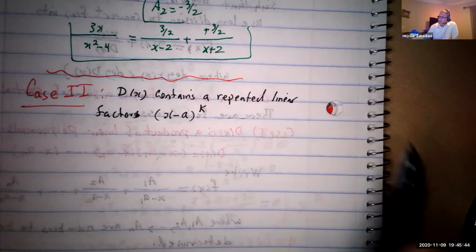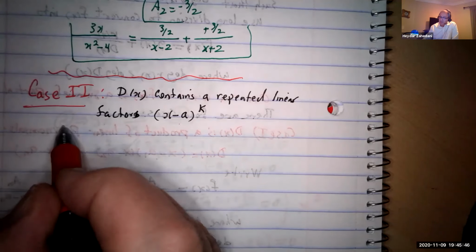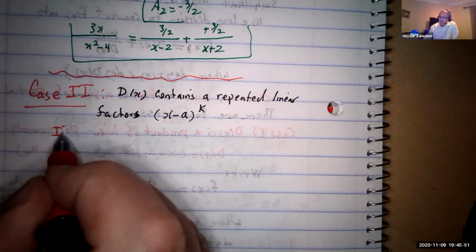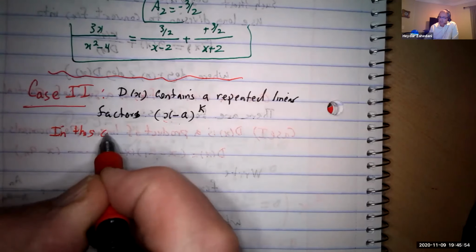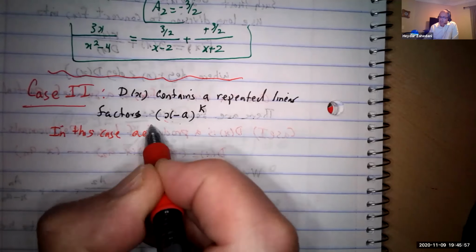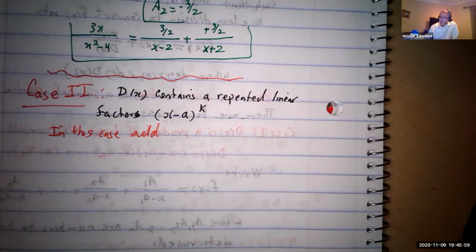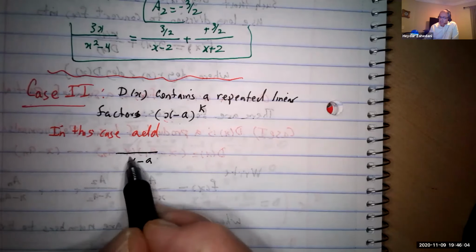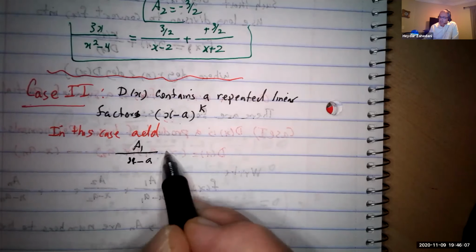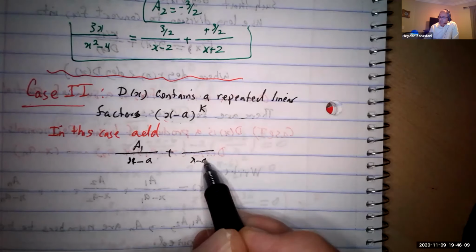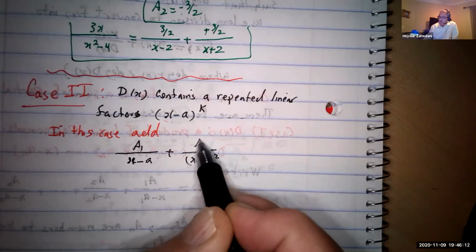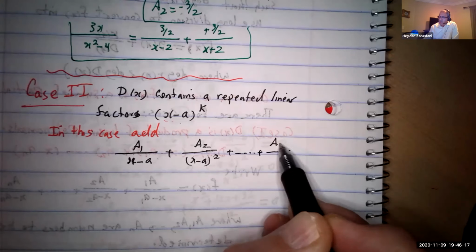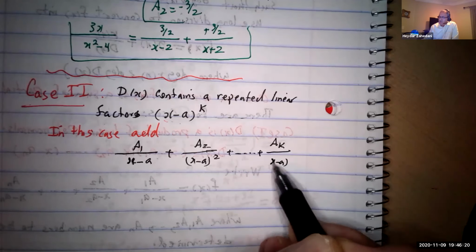If this is the case, then for this special one we are going to add the following: a1 over x minus a, then a2 over x minus a squared, and it depends on the power, just keep going, up to ak over x minus a to the k.